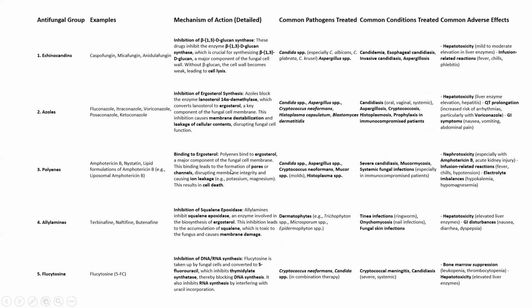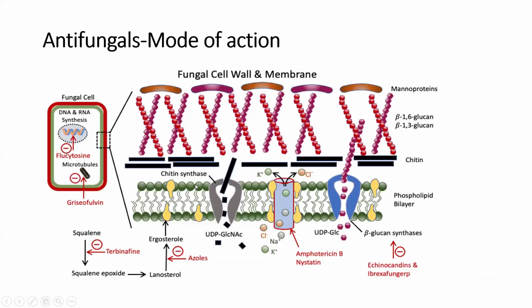This binding leads to formation of pores or channels, disrupting the membrane's integrity and causing ion leakage, specifically potassium and magnesium. This results in cell death. So you can see how polyenes act on the cell membrane, leading to loss of various ions.